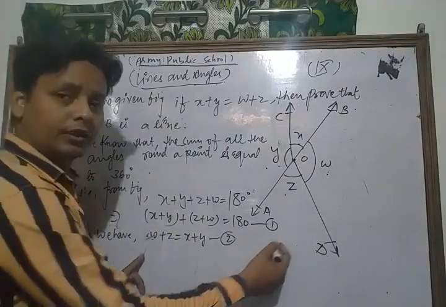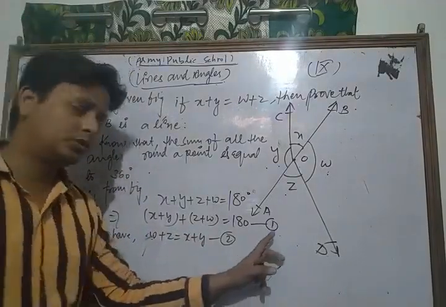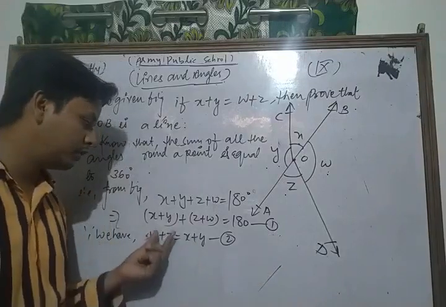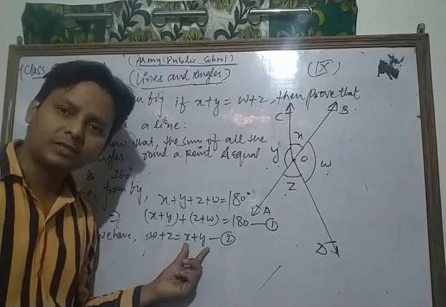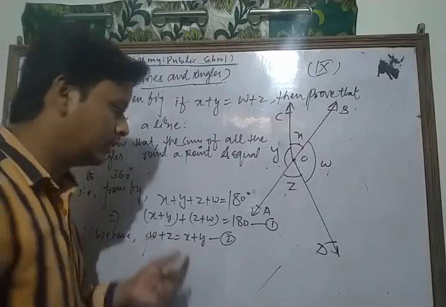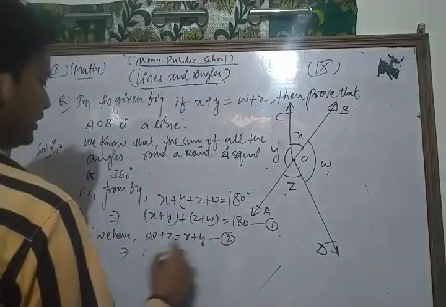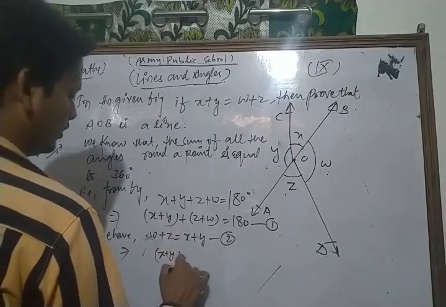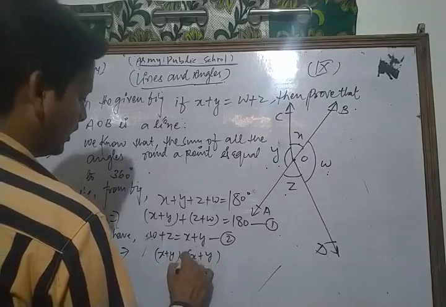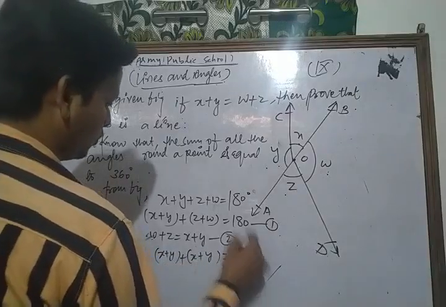Now using equations 1 and 2, we put w plus z is equal to x plus y. So we get x plus y plus x plus y is equal to 180.